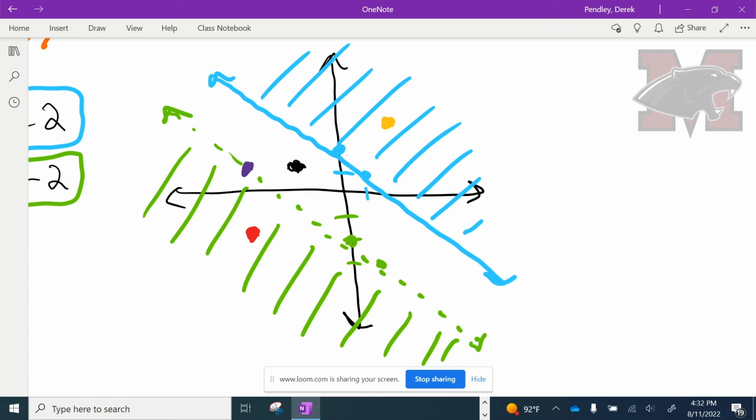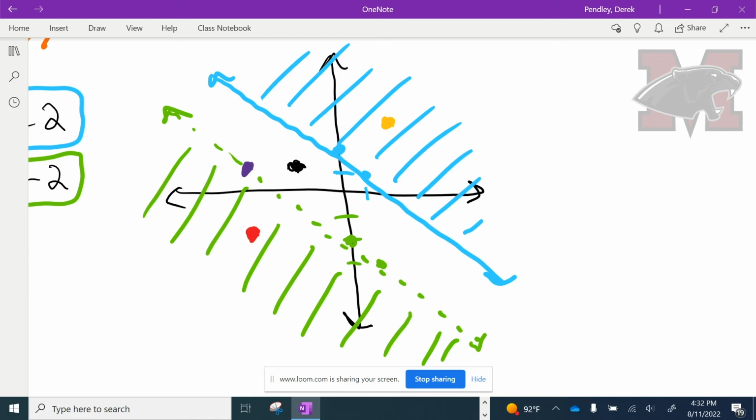That means, as a picture, nothing in this strip here where I just put this black zigzag line is shaded. Nothing in that area is true. So the black dot is true for neither inequality. The orange dot is true for the blue inequality.